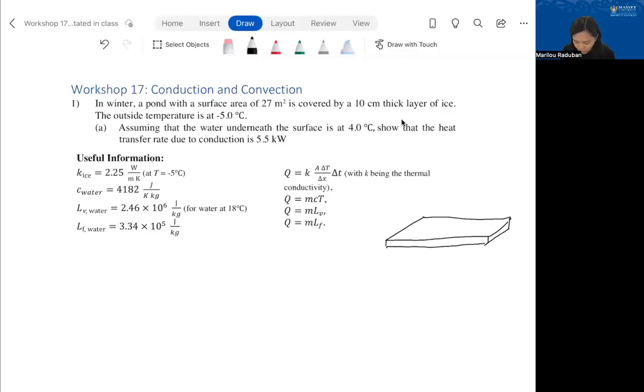You have a surface area of 27 square meters, and it's covered by a thick layer of ice, 10 centimeters.